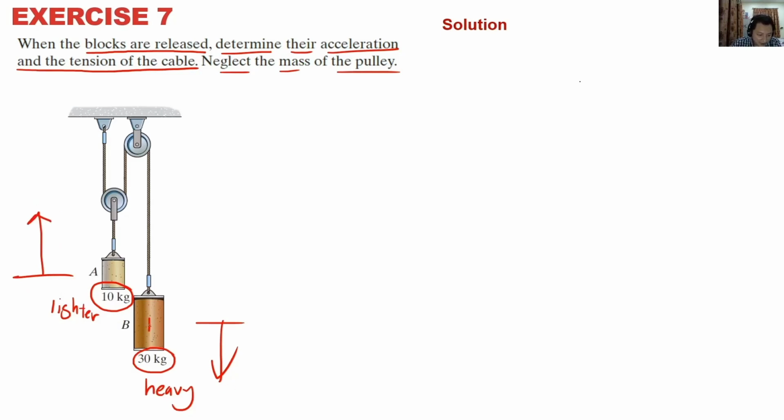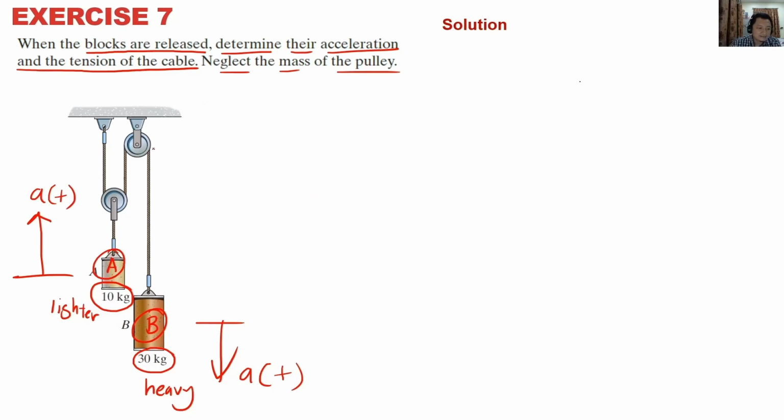So you have block B and you have block A. You have two blocks, which means you have two bodies. So when you analyze, you need to analyze separately. When you do free body diagram for A, the acceleration is upwards, positive. And when you do free body diagram for B, acceleration downward will be positive. So that is the thing that we need to do.